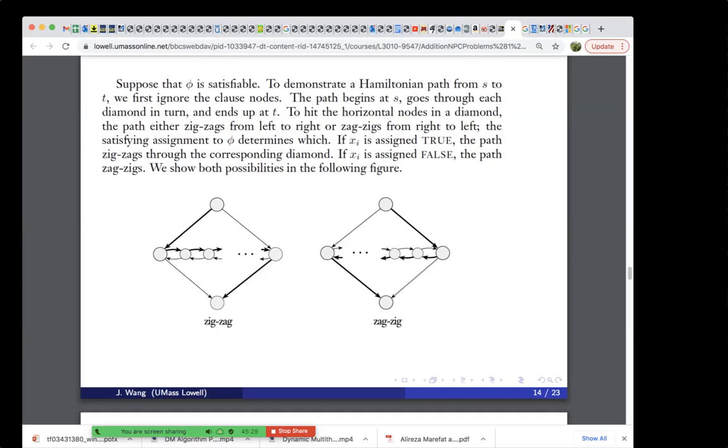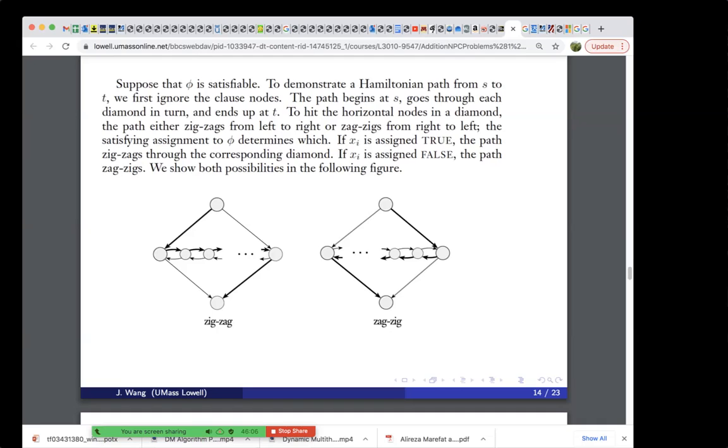So if xi, because for each variable here, it will appear in at least one clause, right? So you have these clauses, and each variable will appear in a clause, and each clause is true because this formula is satisfiable. Then each clause is true, and it has 3 literals.